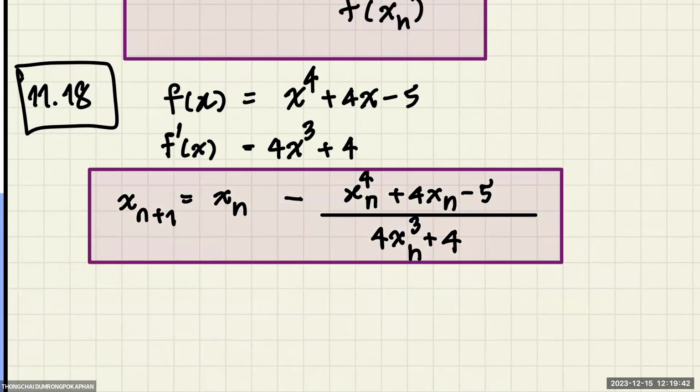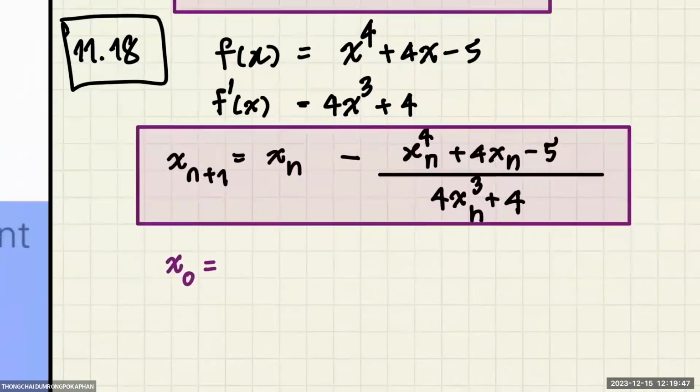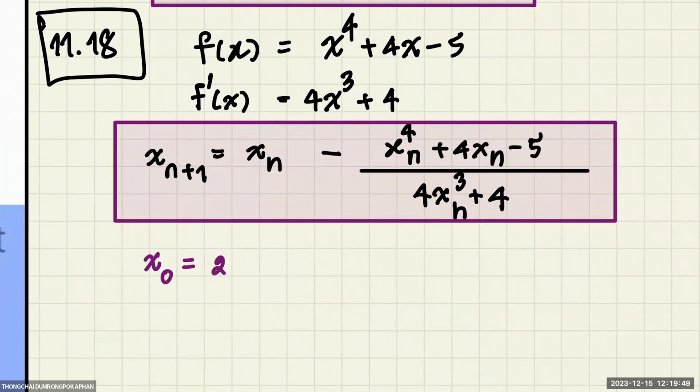Now I give you x0 equal to 2. I ask you to find x1. It's very simple. You plug in the number 2 for x0.